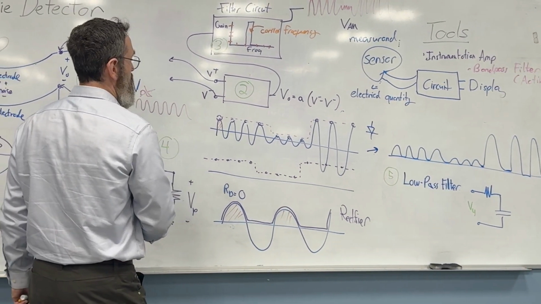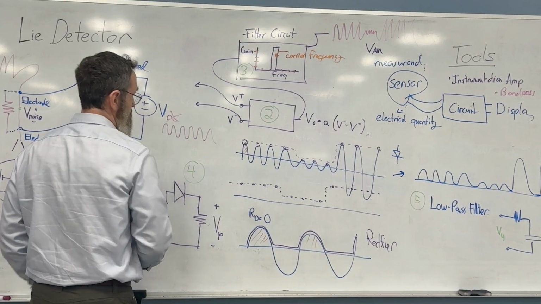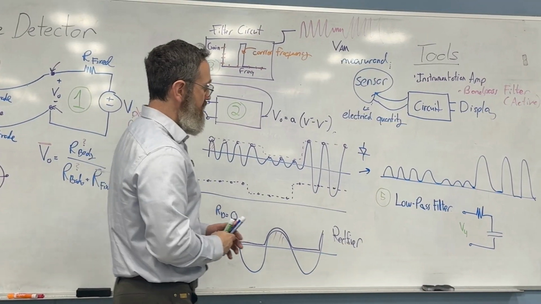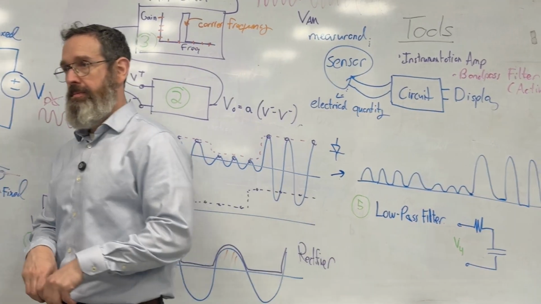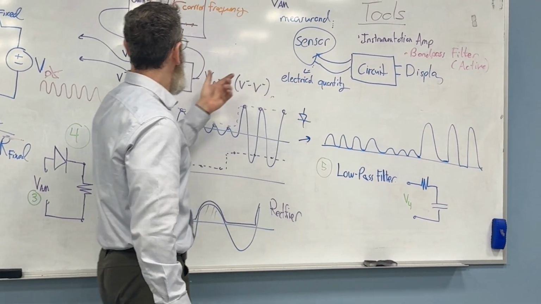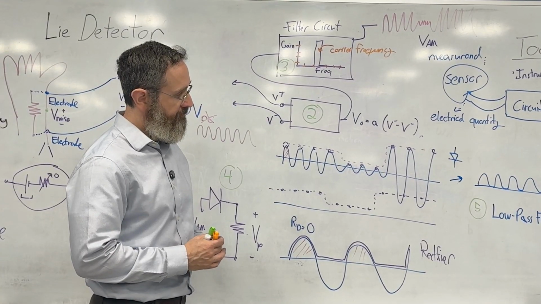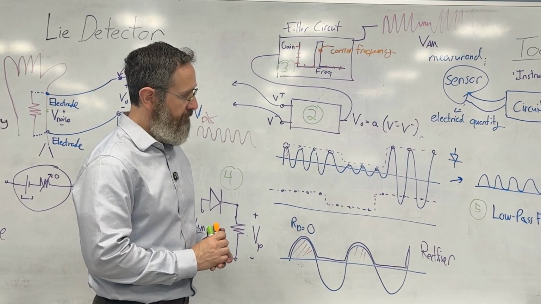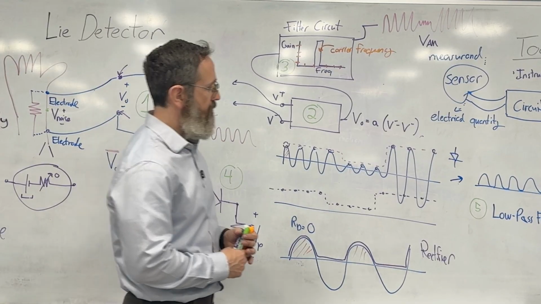And VAM was the output of stage 3, if you want to use our diagram here. I'm going to take this and pass it through a low pass filter. All right, and this will in fact recreate the signal. Okay.